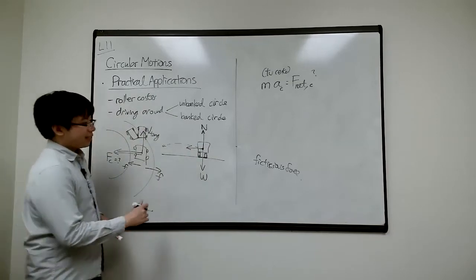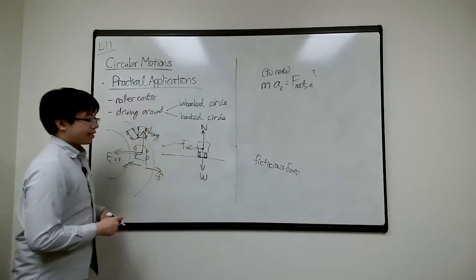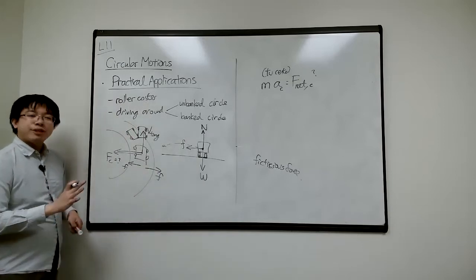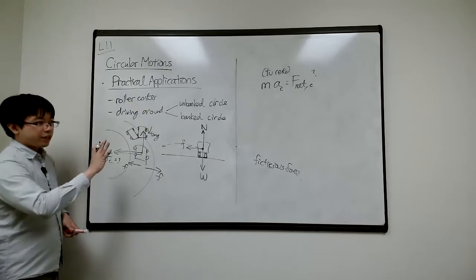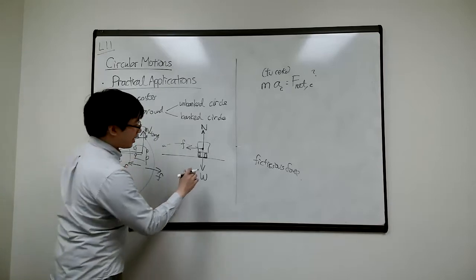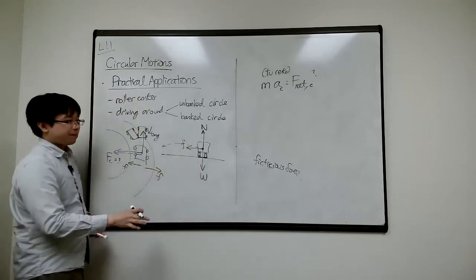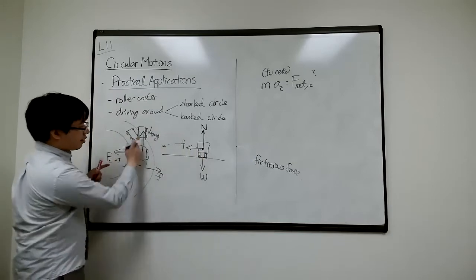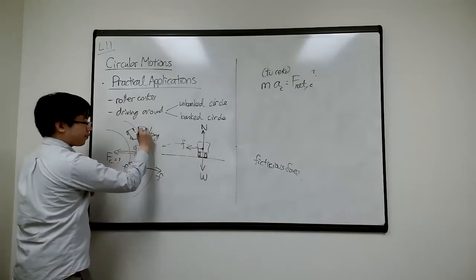And the next question you ask is, is it static or kinetic friction? And this is again non-trivial, because you might think it's kinetic. However, you need to ask yourself in which direction. Initially, it has a tangential velocity going this way.